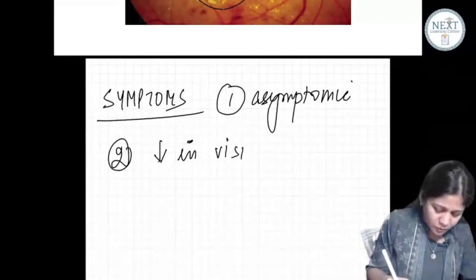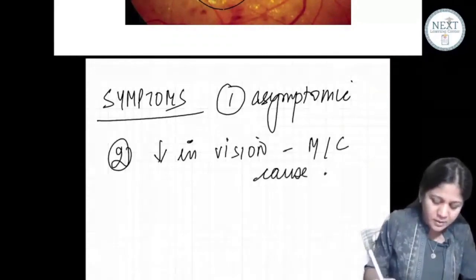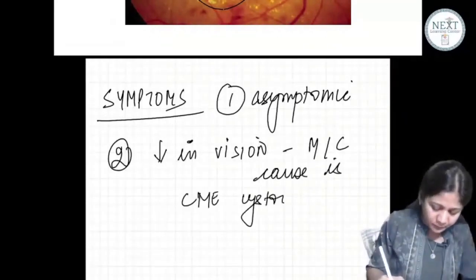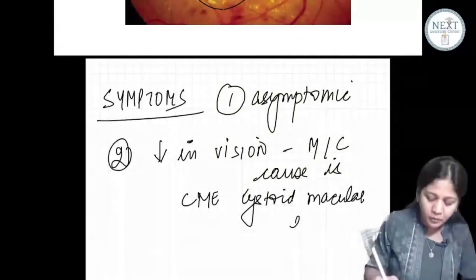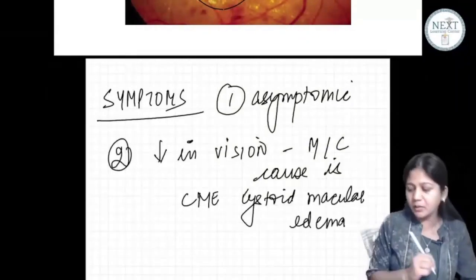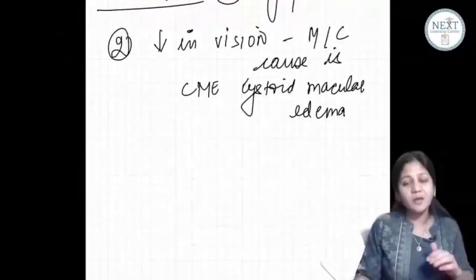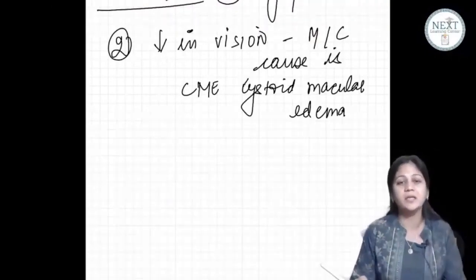Hanji, what is the most common cause? Most common cause is macular involvement, cystoid macular edema. ठीक है? Very important. Hard exudates या फिर cystoid. Otherwise the patient doesn't know even that he has so many findings.